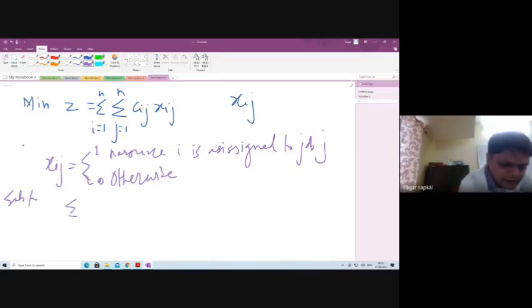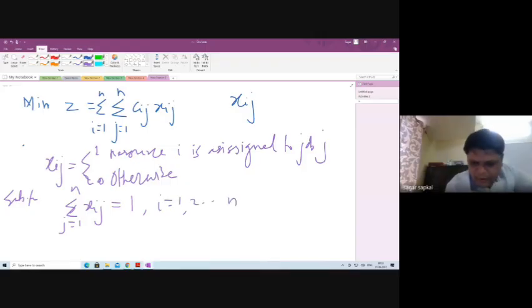First constraint is related to the supply. That means summation xij will be equal to 1 for j runs from 1 to n, for all i's from 1 to n. This is nothing but the resource constraint. Second is summation xij, i runs from 1 to n, is equal to 1, where j runs from 1 to n.